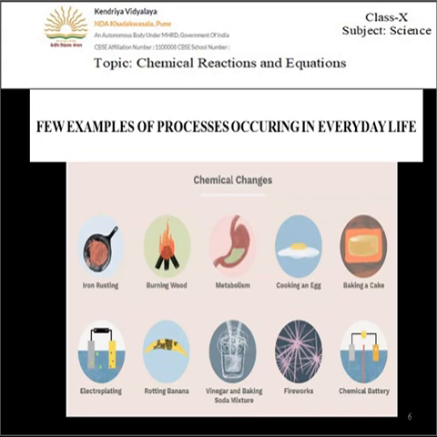Then cooking of an egg or a chapati or a vegetable, they all are chemical changes because at the end they produce some new substance which has of course different properties from the original ones. Then electroplating is also an example of chemical change because in electroplating a metal is coated with another desirable metal.